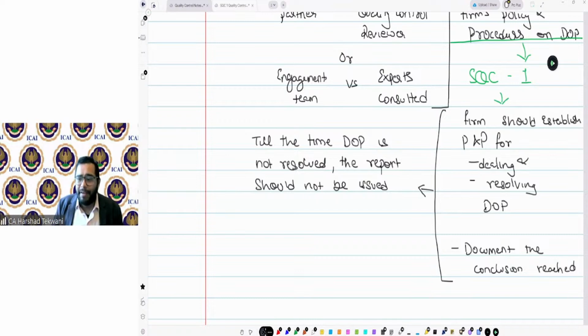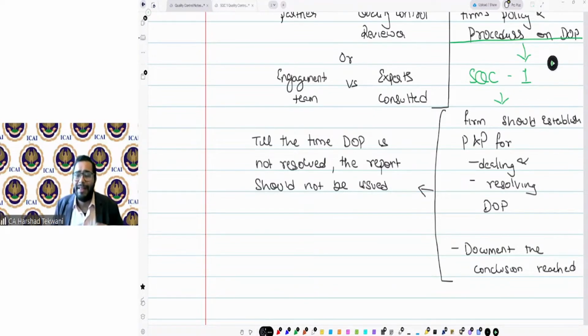Also, it says that when a firm is using a suitably qualified external professional to conduct the engagement quality control review, there are chances that a difference of opinion can happen. In that case, the firm shall establish procedures to resolve such difference.